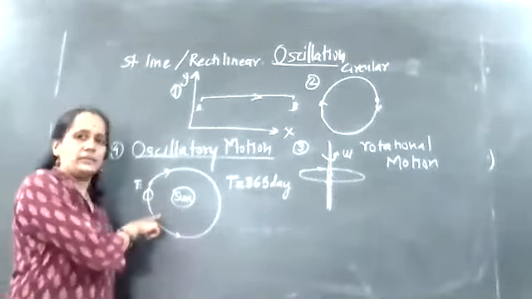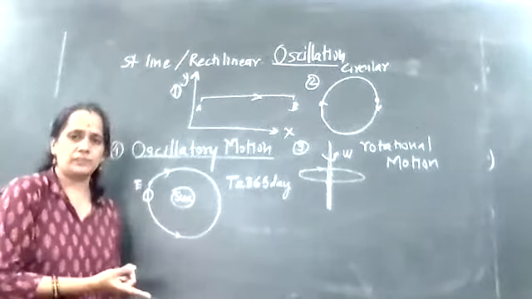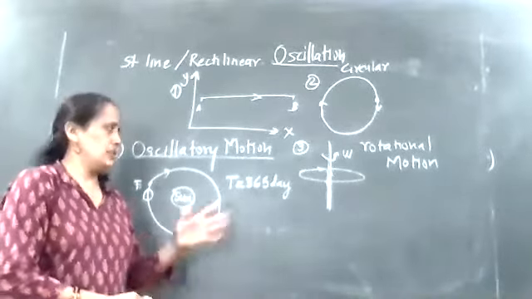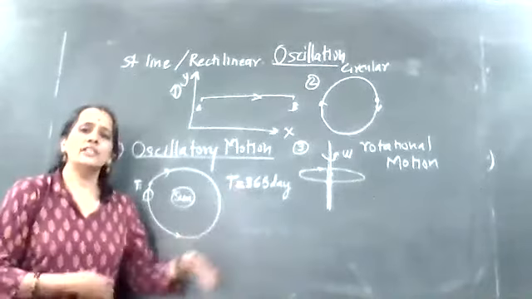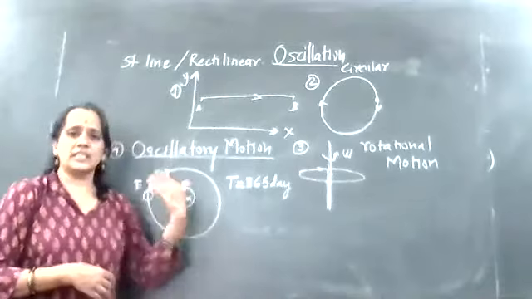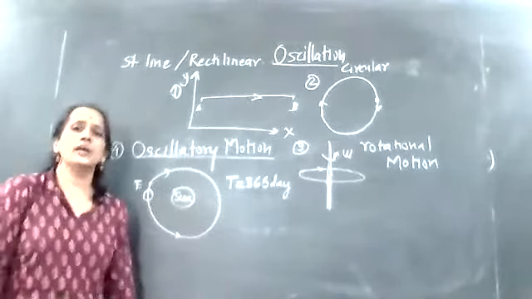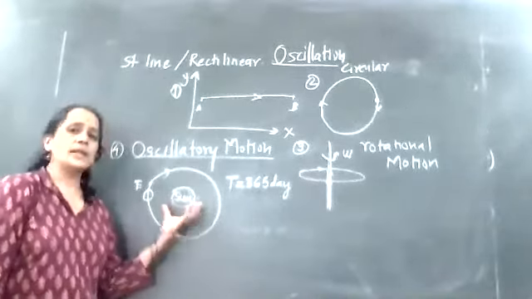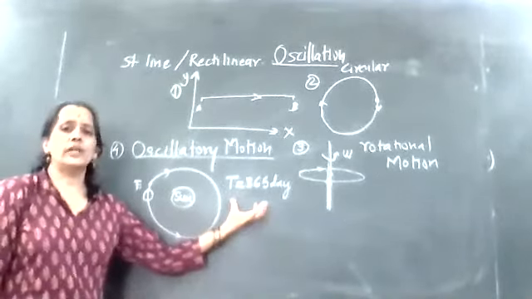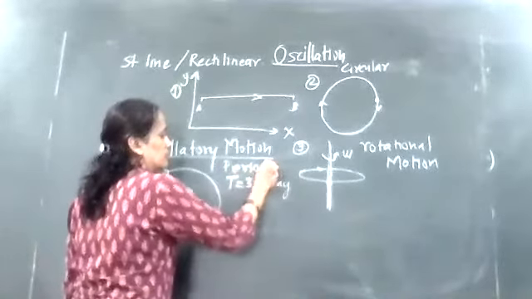If it begins another rotation, again Earth will take 365 days. Means after each 365 days, the motion of Earth around the sun gets repeated. This is nothing but a repeated type of motion which occurs periodically, so I am going to call it periodic motion.